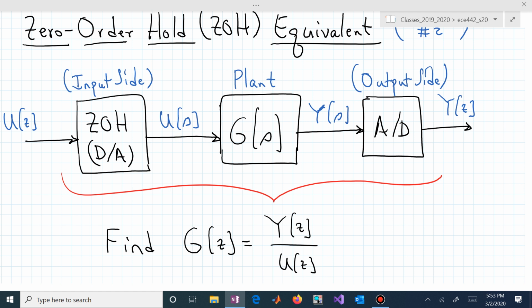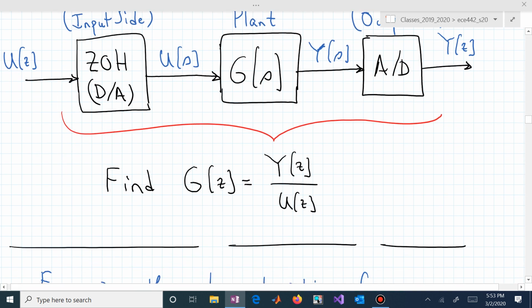We know G of S. We're going to assume that we have G of S. That's now our plant. Maybe that's an integrator. Maybe it's a first order system. What does the zero order hold and what does the A to D look like? What are its properties? Let's examine those now.